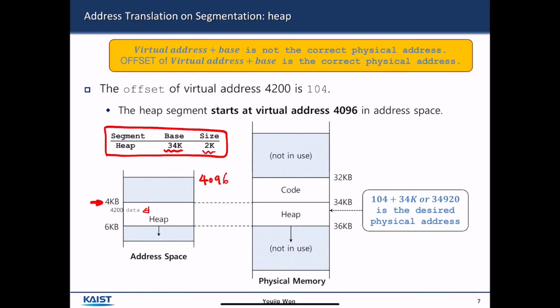So the address of the data is 4200. The difference between the two is 104. So the physical address of the given object in the heap corresponds to 104 plus the base of the heap, 34K. So the desired physical address corresponds to 34920.